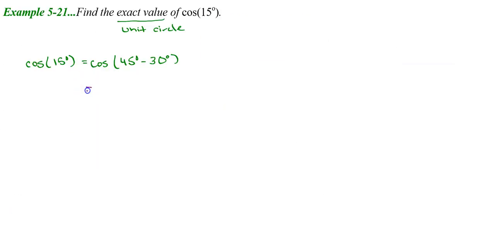So I'm going to rewrite this using that formula, which is going to be cosine of 45 degrees times the cosine of 30 degrees plus the sine of 45 degrees times the sine of 30 degrees.